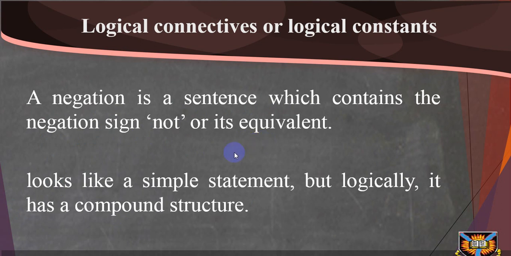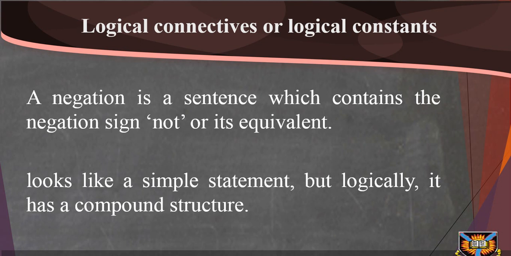Ordinarily, a negation looks like a simple statement, but logically it has a compound structure. The logical sign that represents the negation is the tilde sign. When a statement is negated, the negation sign is placed immediately before the statement being negated.